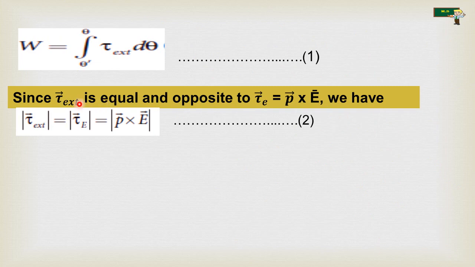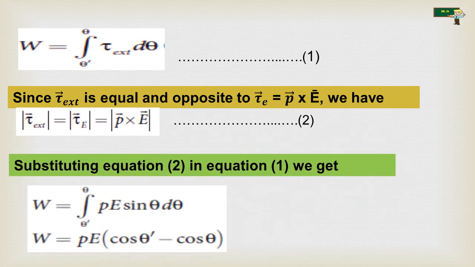Since tau external is equal and opposite to tau E, which is equal to P vector cross E vector, if we take the modulus, tau external equals tau E, that means P E sin theta. Let's take this as equation number 2.